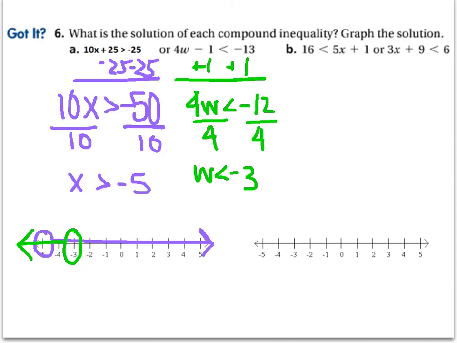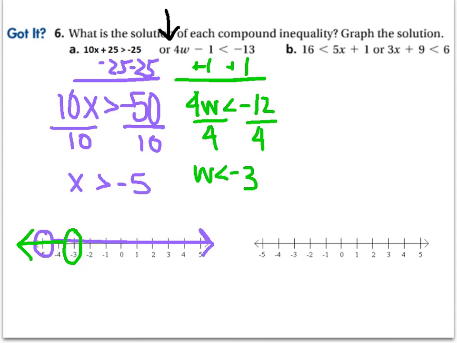Jess? -4. It could be -4. You're right. What else could it be? Remember, this is an or inequality. So we either need x is greater than -5 or x is less than -3. Only one has to be true at a time.